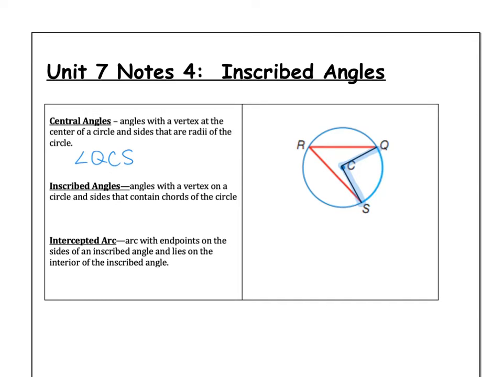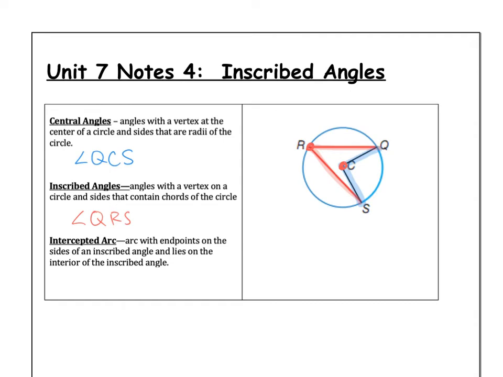Well, today we're going to talk about an inscribed angle. An inscribed angle is like this red one, okay? So an angle like angle QRS. So let's jot that down. Angle QRS, that's considered an inscribed angle, okay? Its vertex is right on the circle. Compared to the central angle, the vertex was at the center of the circle.